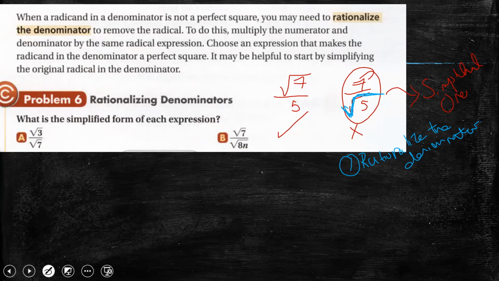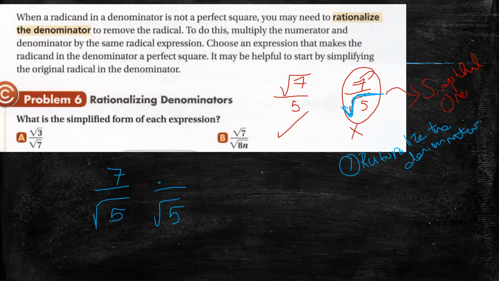That means here I have 7 over square root of 5. I look at the denominator. What's the denominator here? It's square root of 5. I want to remove it. I will multiply by square root of 5 in the denominator, and since I multiply the denominator by square root of 5, I will multiply the numerator also by square root of 5.